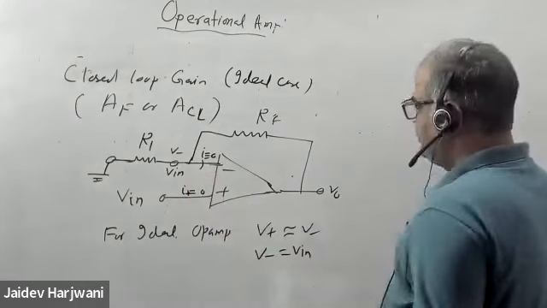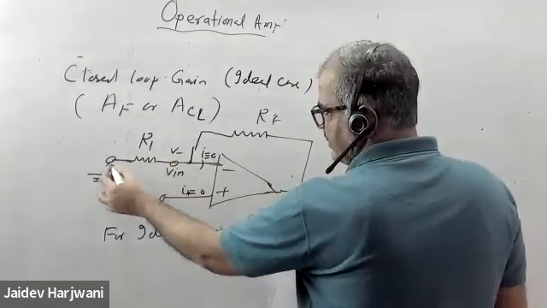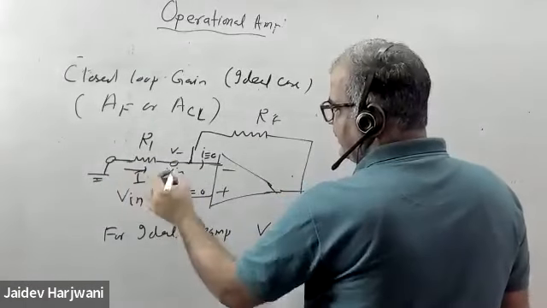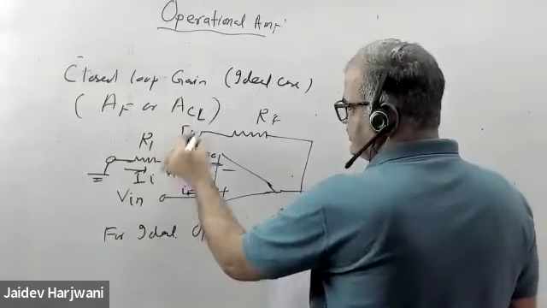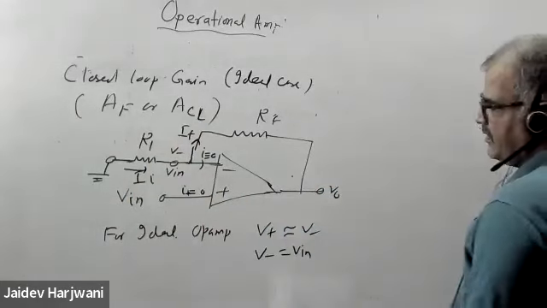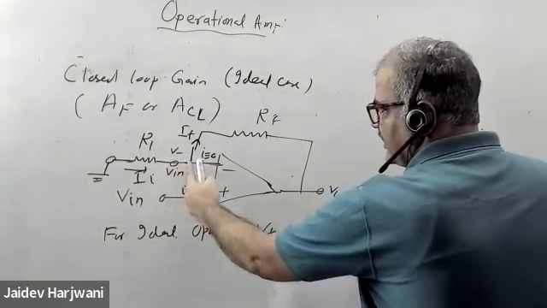This is V input. Now I can write nodal analysis at this point. Suppose a current is coming from here and a current is going here. Say this is I input, and say this is IF. Because no current can go into the terminal, all the current will go here.